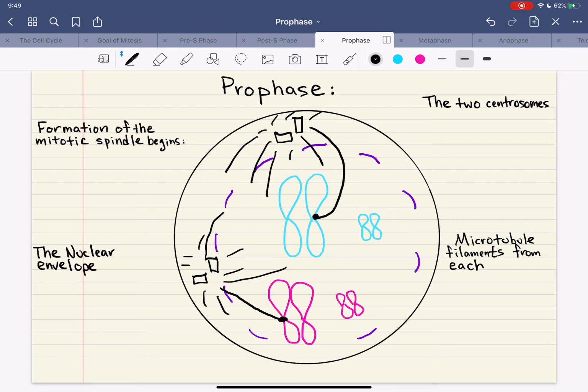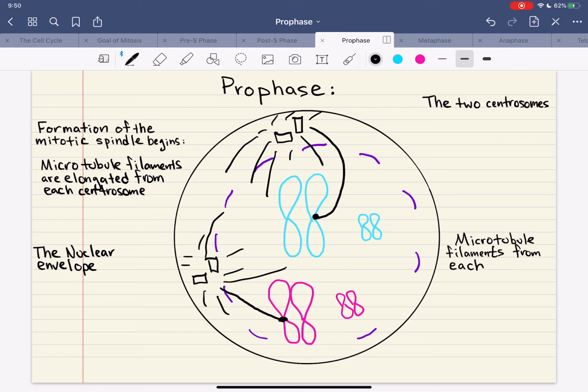So I'm going to finish the description I have on the left. It says formation of the mitotic spindle begins. And that means that we start to elongate these microtubule filaments.